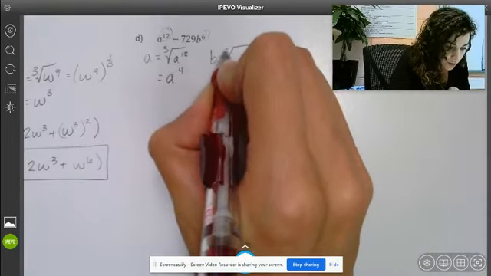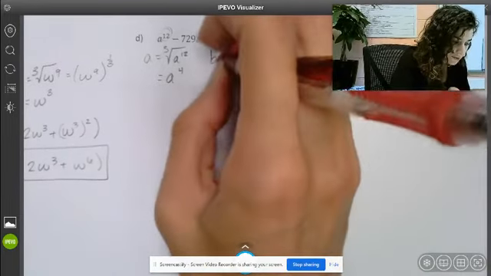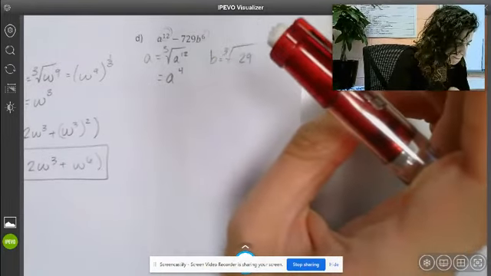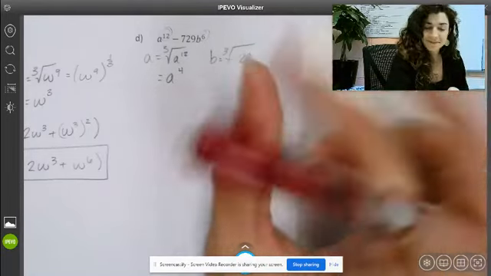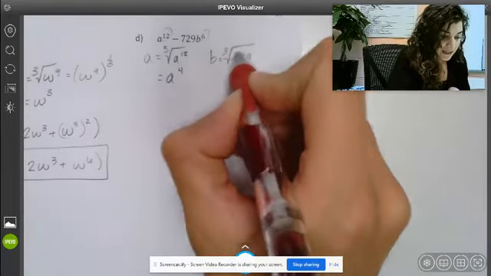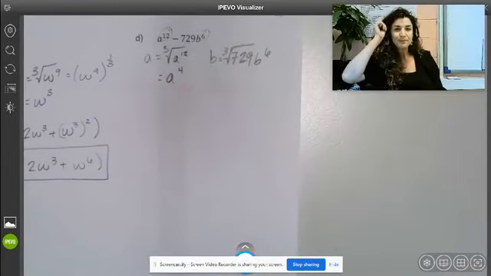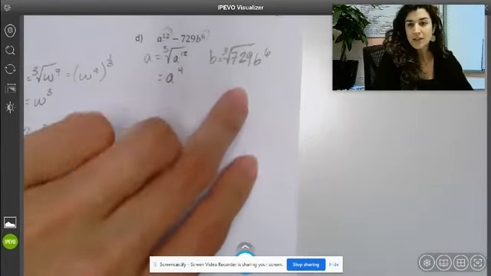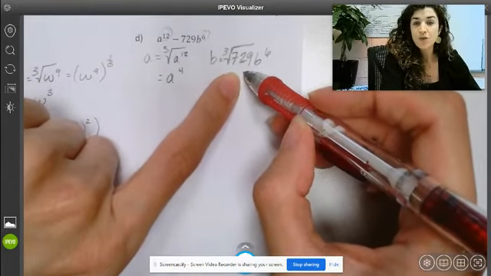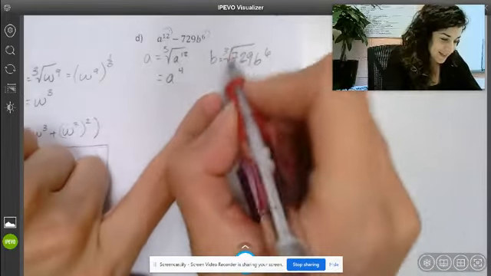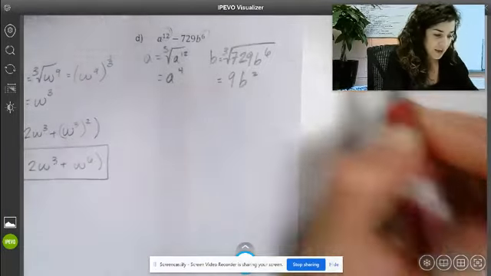And then b is equal to the cubed root of 729 b to the 6th power. Oh wait, no, sorry, not negative. So what we're going to do with that is the cubed root of 729 is 9, and the cubed root of b to the 6th power is b squared.